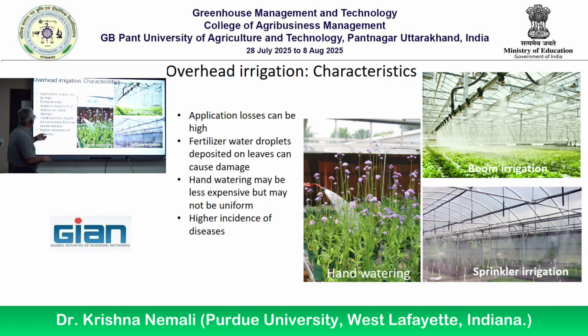The number one disadvantage is waste of water. Look at this picture. This person is watering. How much of that water do you think is actually falling in the pot, and how much is falling outside of the pot? There's a lot of water that falls outside of the pot, and all of that water simply runs down, goes away. So there's a lot of wastage, number one, in overhead irrigation.